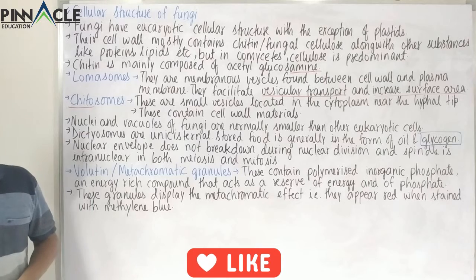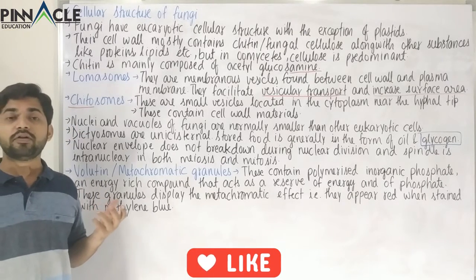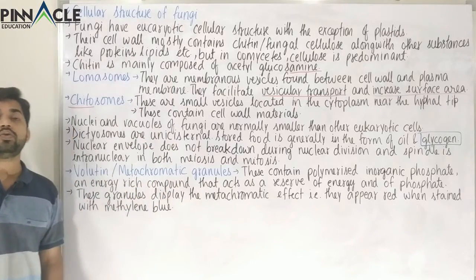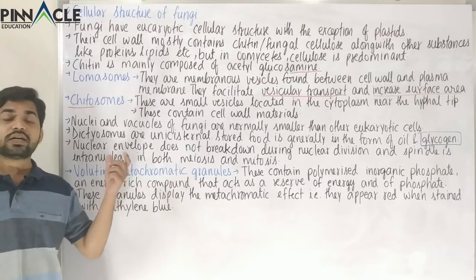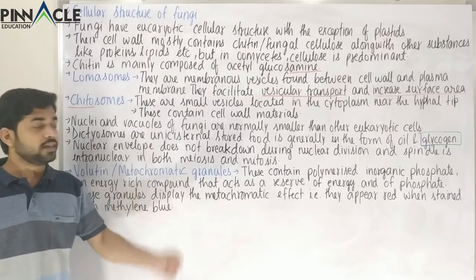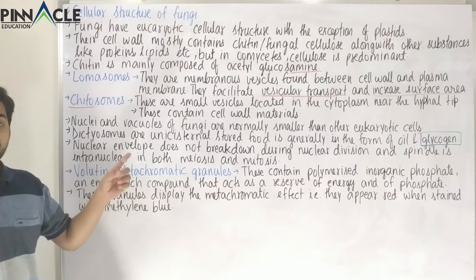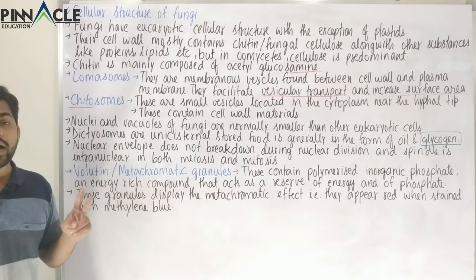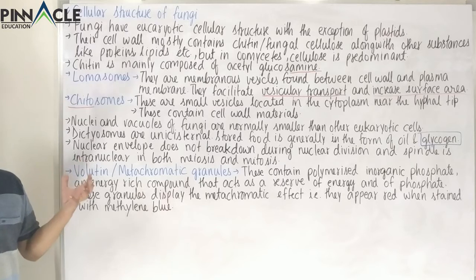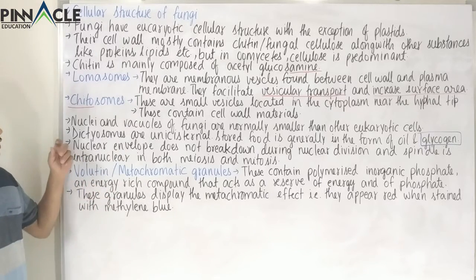In humans also, this glycogen is present in our liver and also in our muscle cells. So in the case of fungi also, the food is mainly stored in the form of glycogen. So glycogen is a storage carbohydrate, and oil is a storage lipid. So lipid is stored in the form of oil, and carbohydrate is stored in the form of glycogen. So this oil and glycogen are the storage forms of food in the case of fungi.